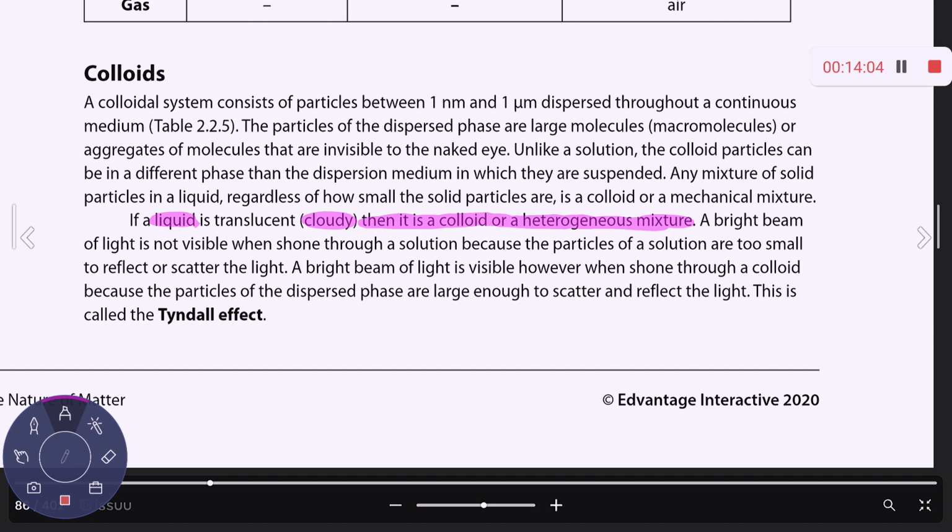When you shine a light through a colloid, what happens is the light will be deflected by the really large particles that are in a colloid. So that's why when you guys drive through fog, shining light in fog doesn't help you see any better, right? It makes it worse. And that's because the particles in fog are so large that they will scatter the light. This concept is known as the Tyndall effect. Okay, let's take a look at the next page.